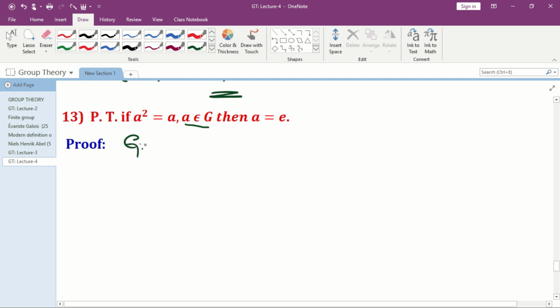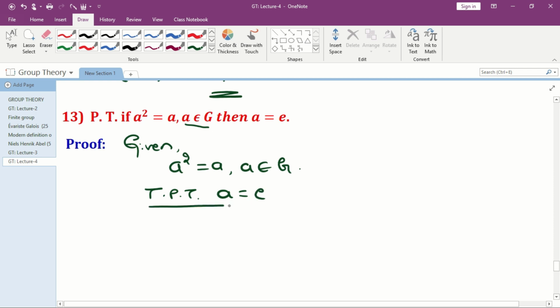So what is given? So we shall write first, given A square is equal to A, where A belongs to G. And what is to be proved? To prove that A is equal to E, using the given condition.